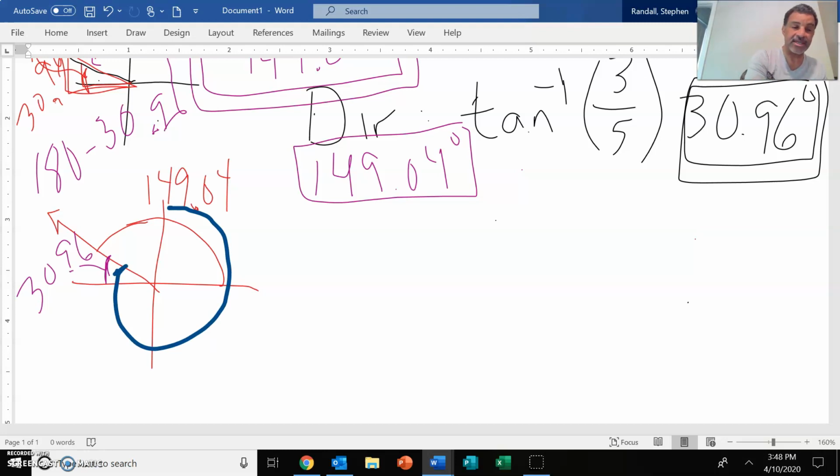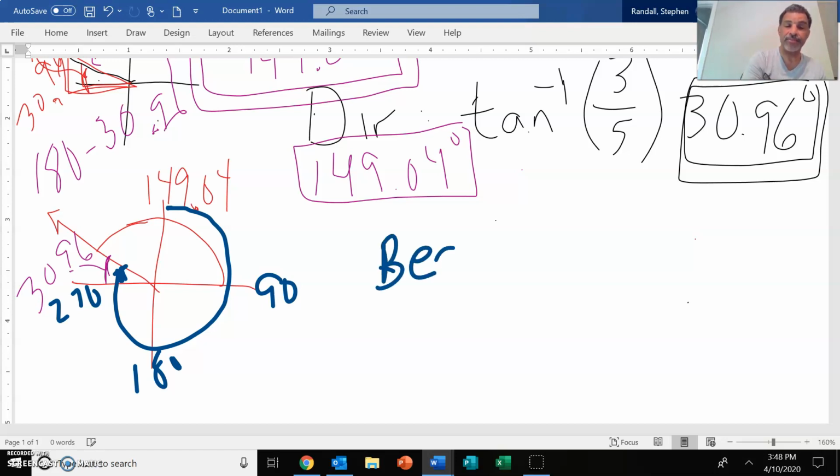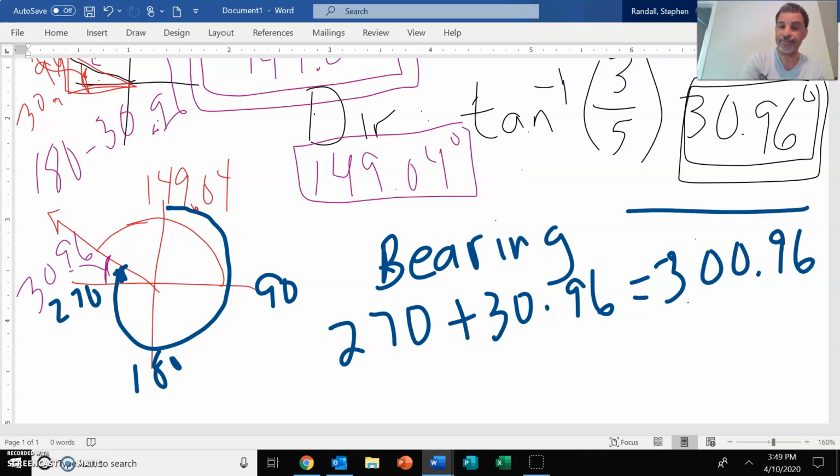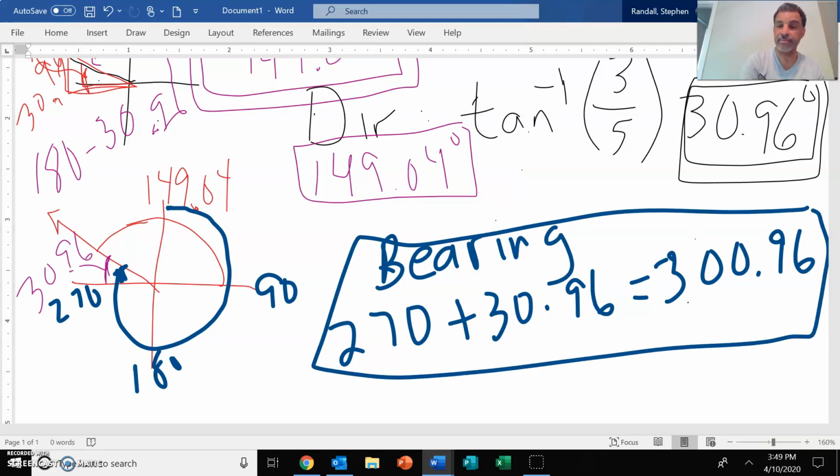So the bearing starts at 0, goes to 90, 180, 270, and then it goes 30.96 more. So the bearing is 270 plus 30.96, which equals 300.96. That is our bearing. Okay.